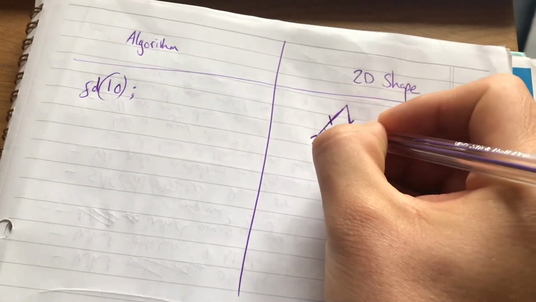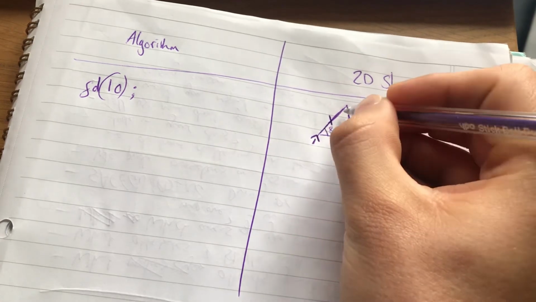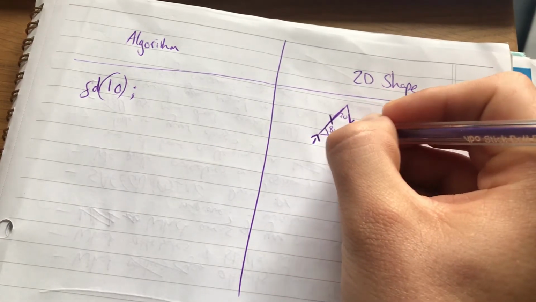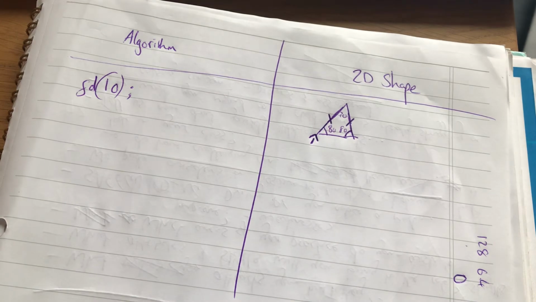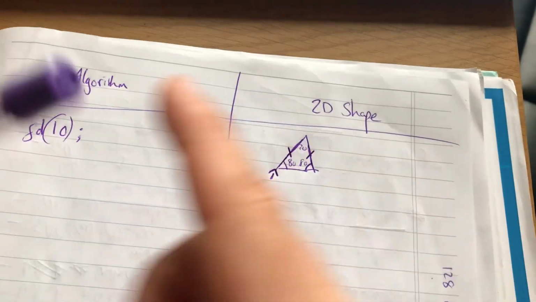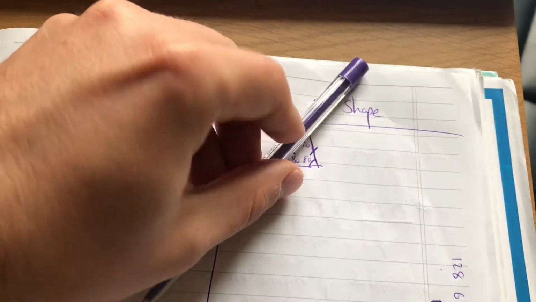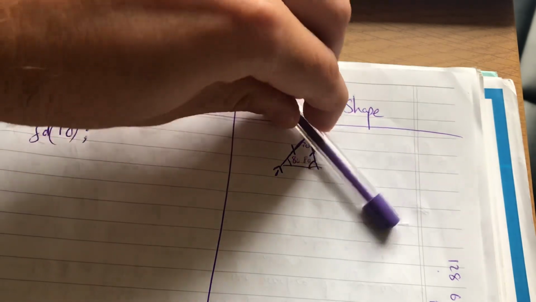So let's say that these two are going to be the same, aren't they? So let's say 80, 80, and then 20, because then that equals, yeah, 180. So then, when you get to this corner here, so I've moved forward 10, I'm now here, okay? I want to move and draw this line.